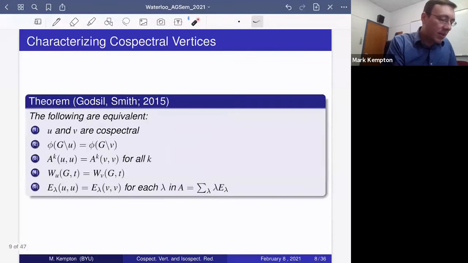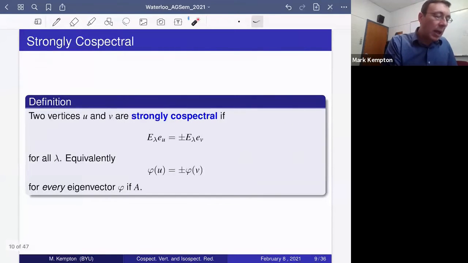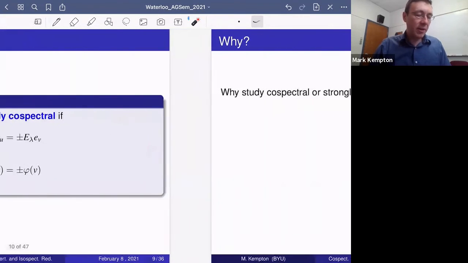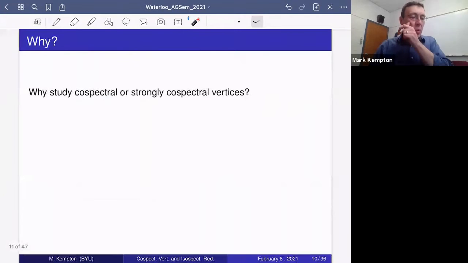Basically, you just strengthen this condition: rather than just ask that the diagonal entries be equal, you insist that the actual column of the spectral idempotent is plus or minus the column of the spectral idempotent for V. This is an important strengthening of the notion of cospectral vertices. So before I get into the real results, maybe let me argue a little bit for why this is an important thing to study.